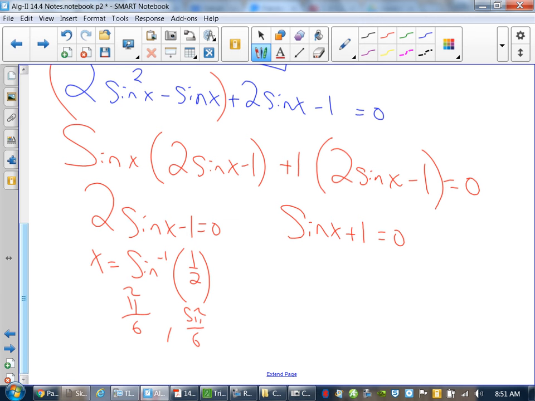The other one is subtract 1. What angle has a sine of -1? So that means, where is your y value -1? My y value is going to be -1 at 270, which is 3 pi over 2.